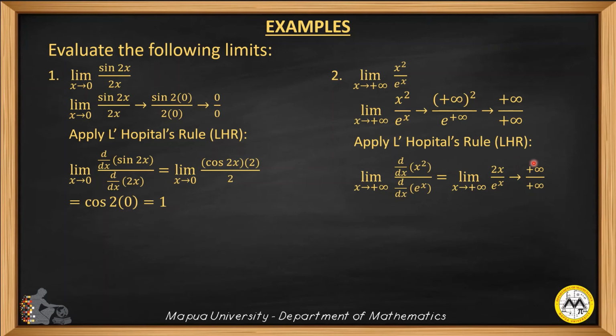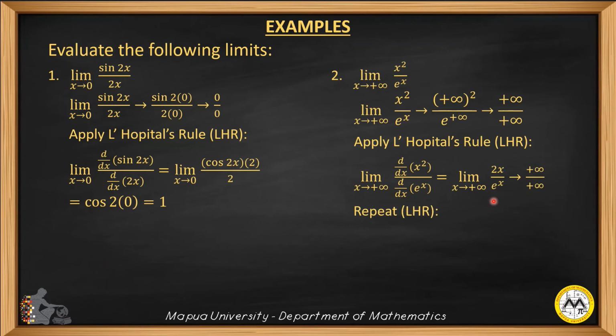And as such, because this is again an indeterminate form of the primary, then we can apply L'Hopital's rule to this expression and hope that the resulting limit will now be finite.